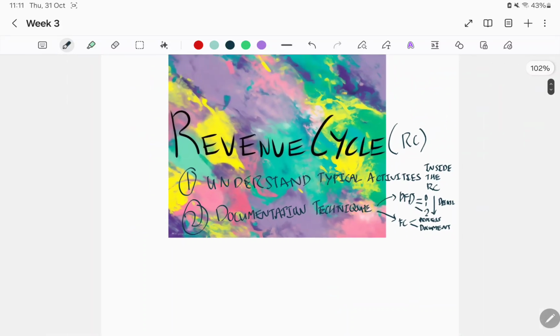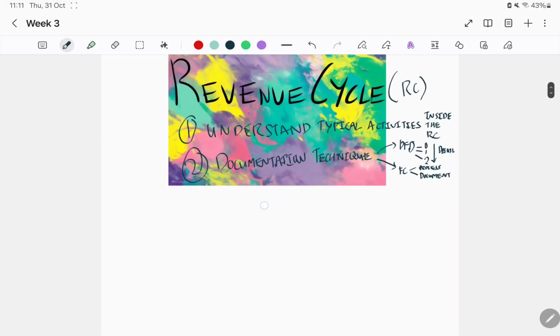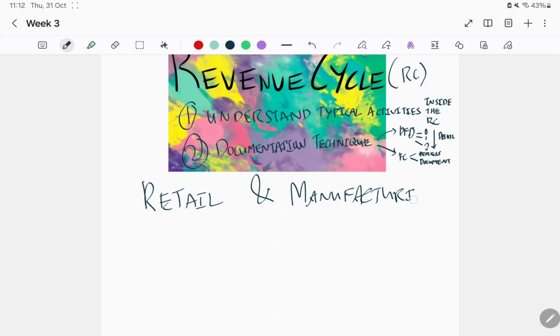Now we look at the typical. In a revenue cycle, we go with retail and manufacturing.